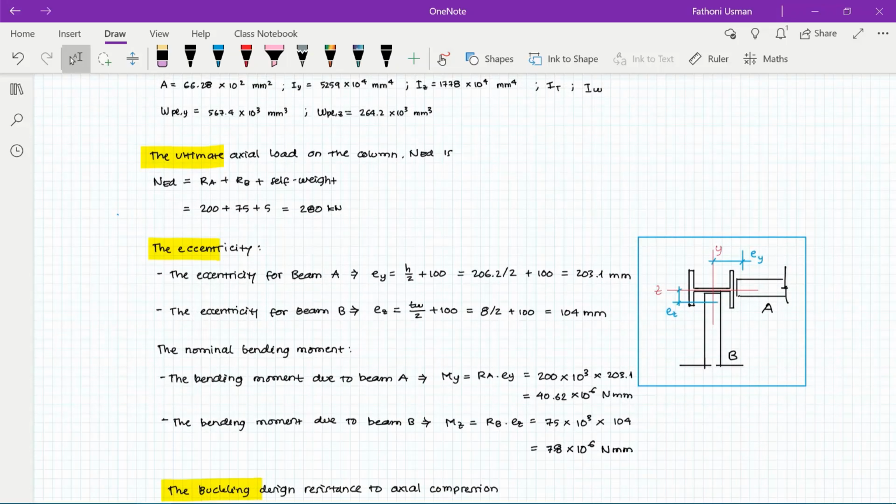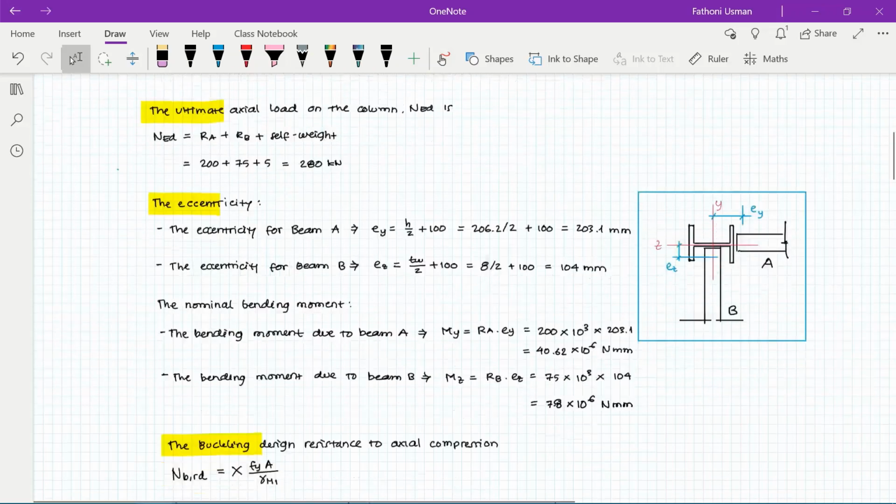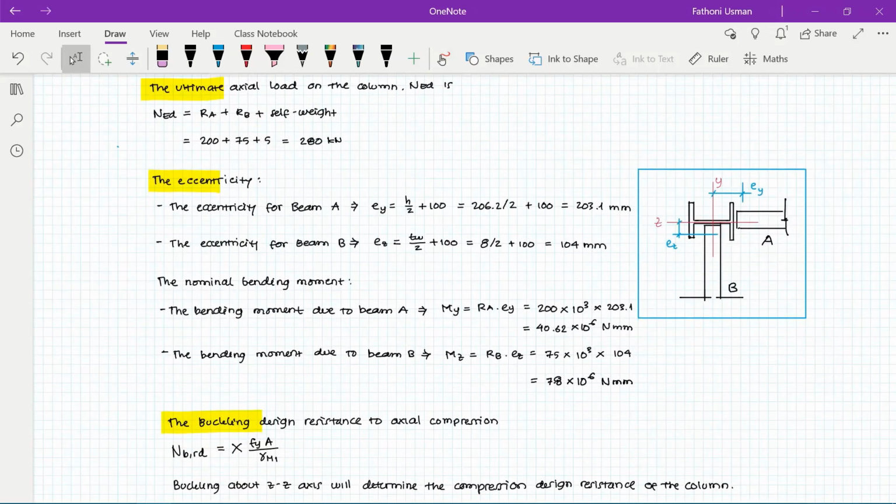The ultimate axial load on the column, NEd, comes from the ultimate reaction from A, from B, and also the self-weight. So we simply sum those three values, and then we get the design value for compression of 280 kilonewton.